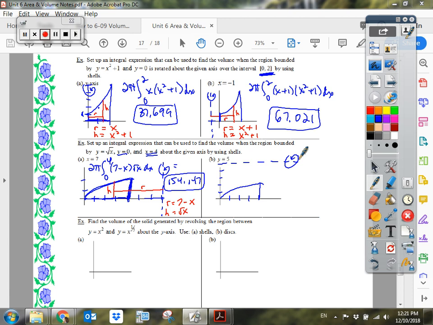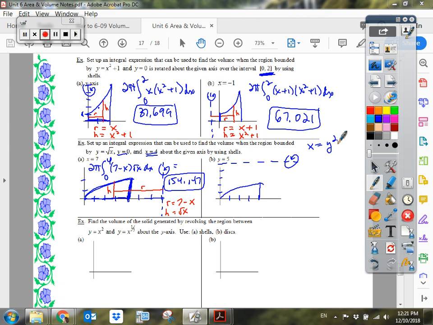What variable do we have to be in? y's. We have to be in y's. See, again, the benefit of this technique is it reverses it, just in case that would be more helpful to us. So the first thing I need to do, I don't have x equal equations. I'm going to have to go over here specifically to this one and change that to an x equal equation. So that would be x equals y squared. Okay, so I have an x equal equation.